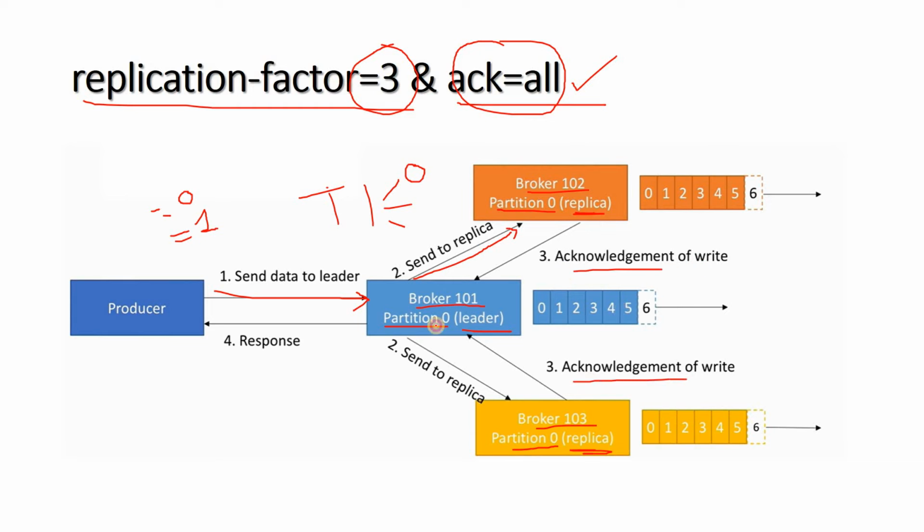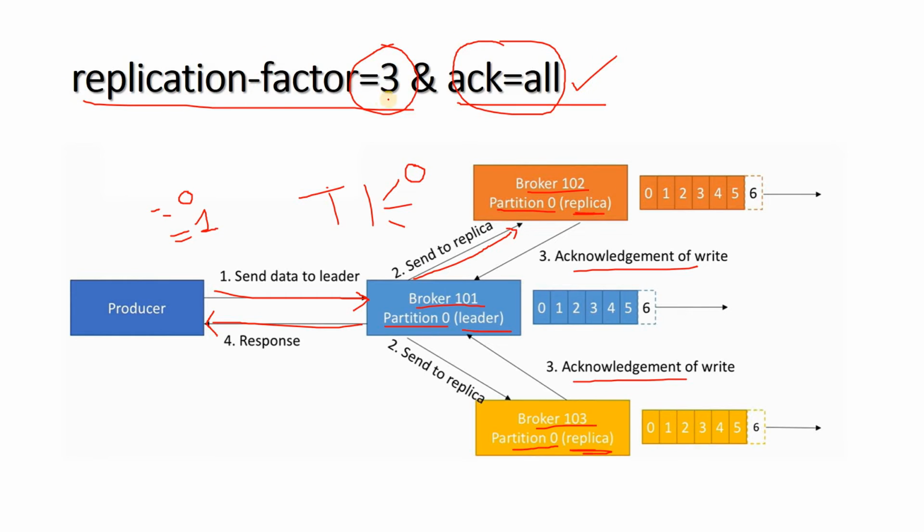They will send acknowledgement to the leader, and once the leader broker gets all the acknowledgements from the replica instances, it will send the final response that the data is written successfully in the leader partition as well as in the replica partitions. So that's the importance of ACK equal to all. This is the safest option, but obviously it will take some time, because it will wait to make sure that the data is copied in all the replicas properly.